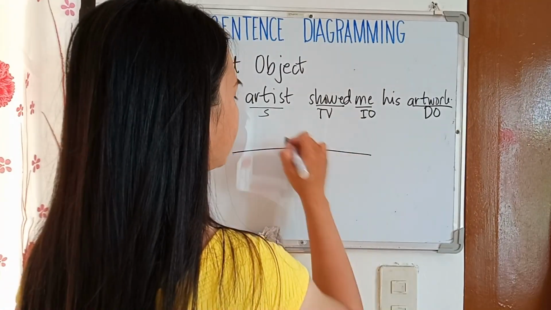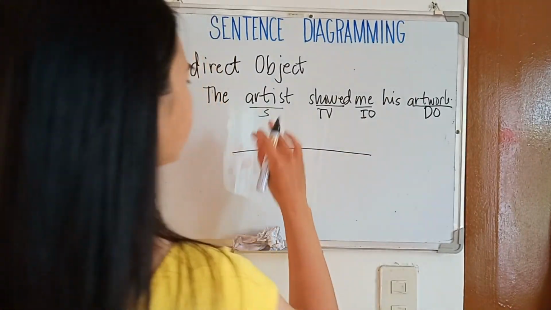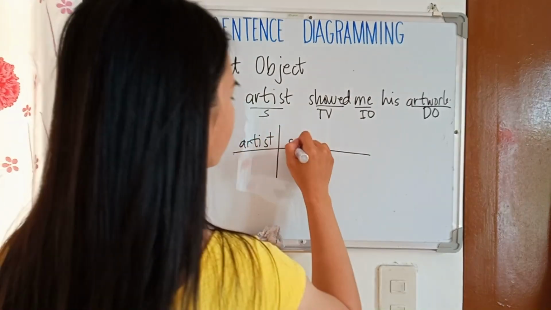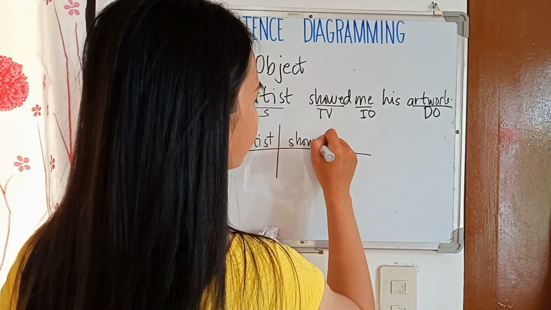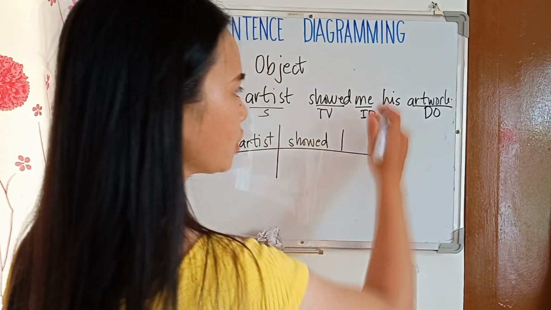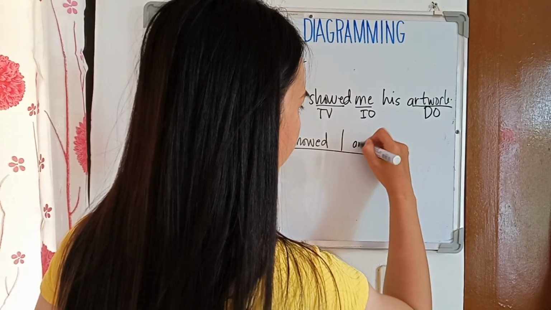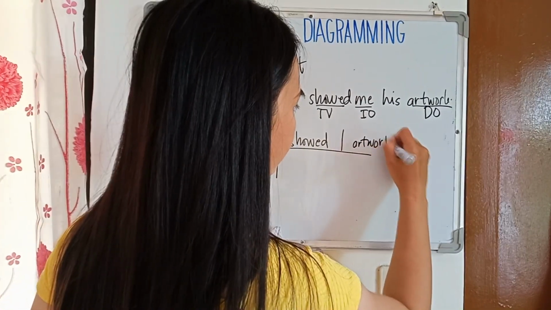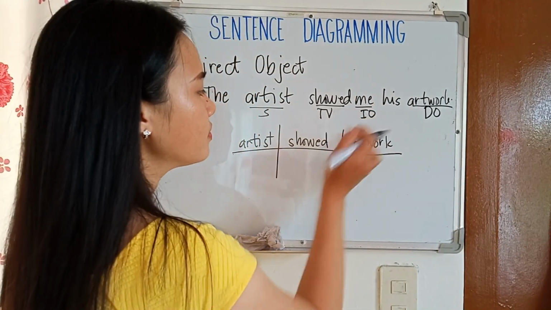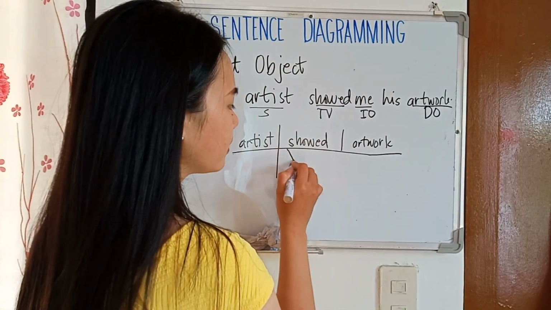So how are we going to diagram that? Still write a straight line and then a vertical line and then the subject, artist, and then showed is the verb. And then the line here for the direct object showed what? Artwork. So we write artwork here. And then the extension. And for whom should be below the verb.